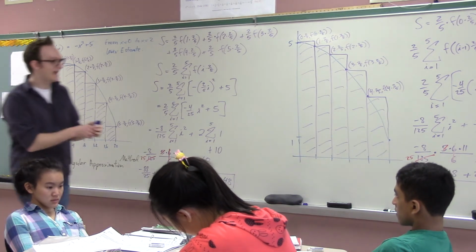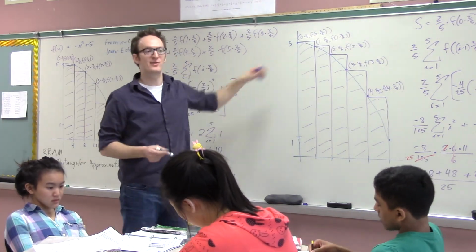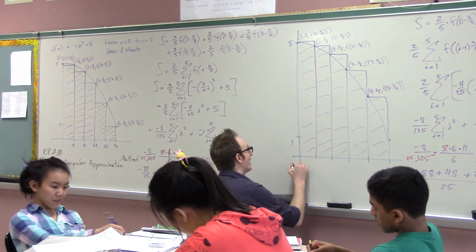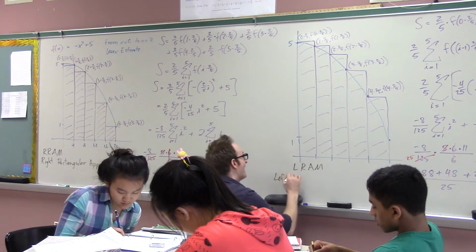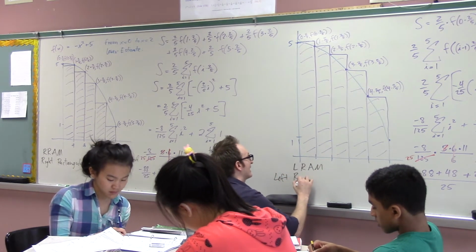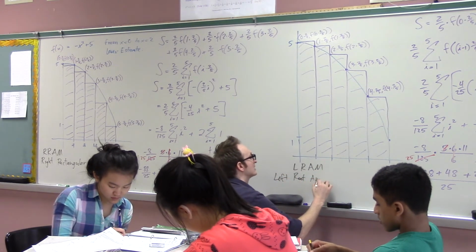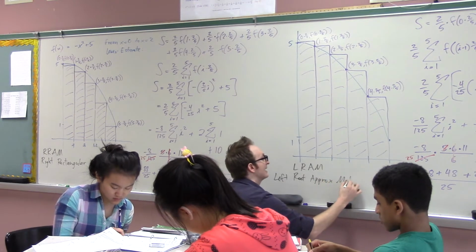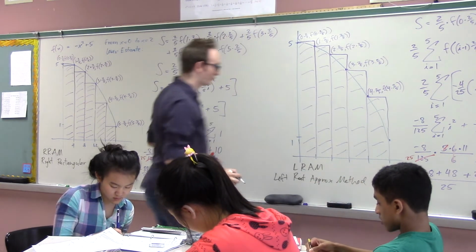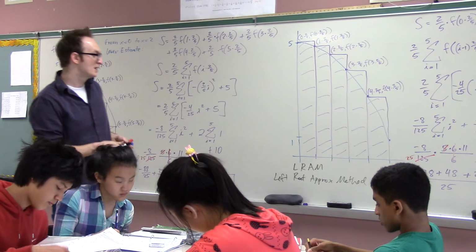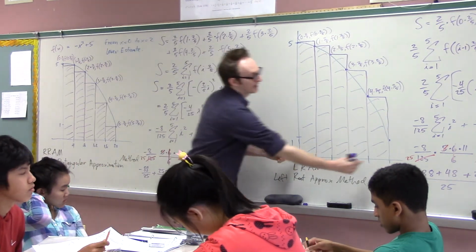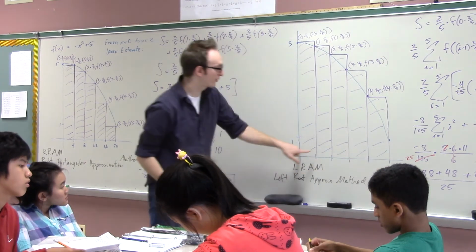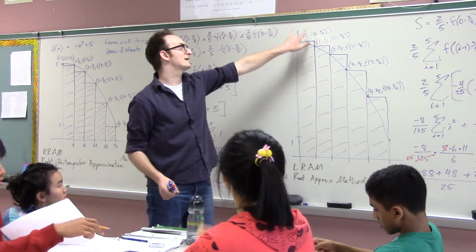Okay, so what do you think we call this method? LRAM. This is LRAM, and LRAM stands for left rectangular approximation method. In the left rectangular approximation method, you take the interval, you split it up into subintervals, and for each subinterval, you draw a rectangle.